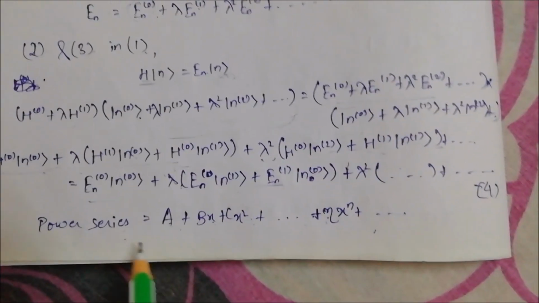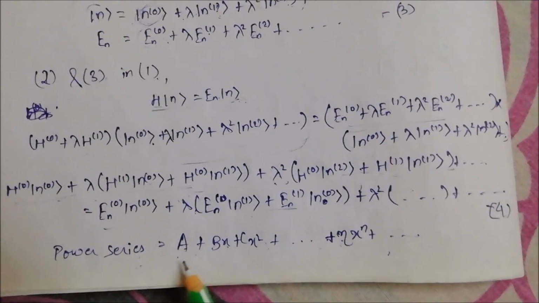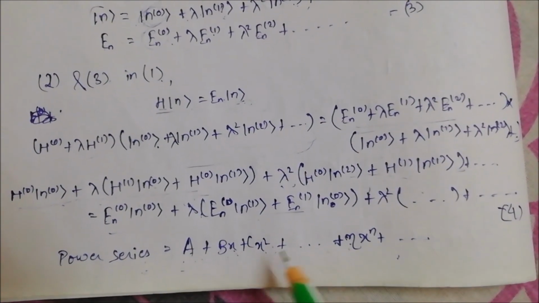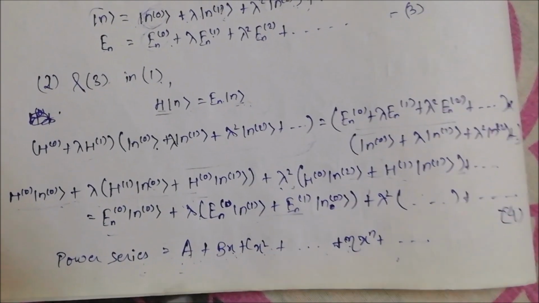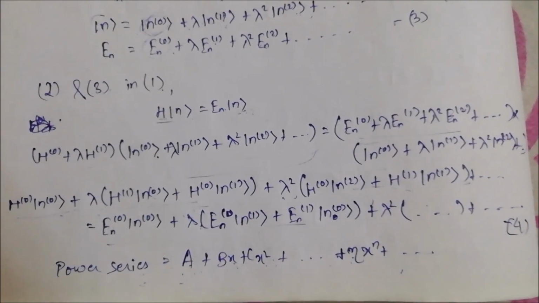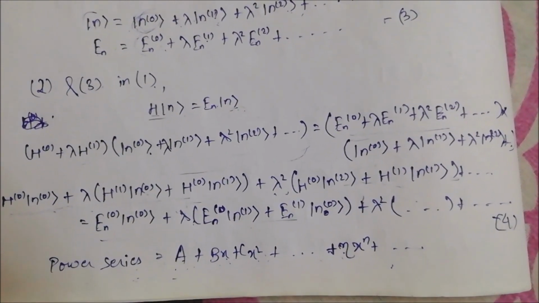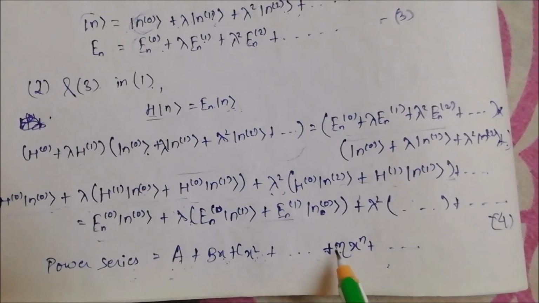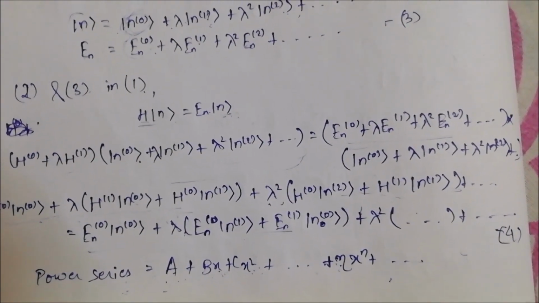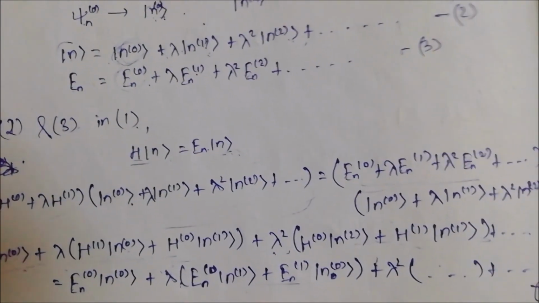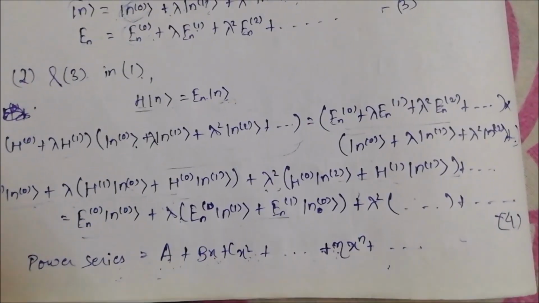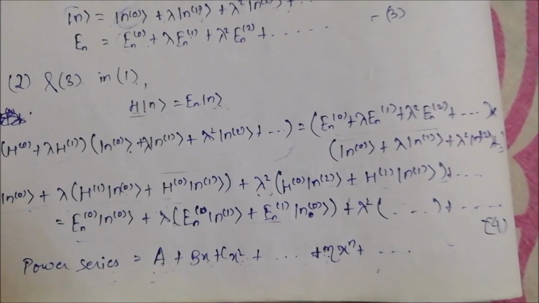A power series is any general expression of the form a plus bx plus cx squared plus dx cubed, and it goes on like this, with increasing powers of x. As you can see, individual terms are linearly independent, which means you can't simply multiply by a scalar to get another higher power of x.